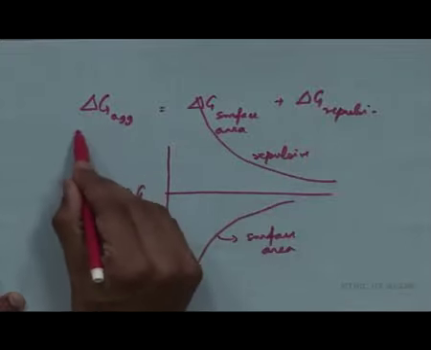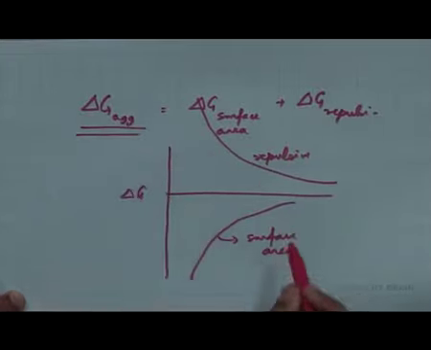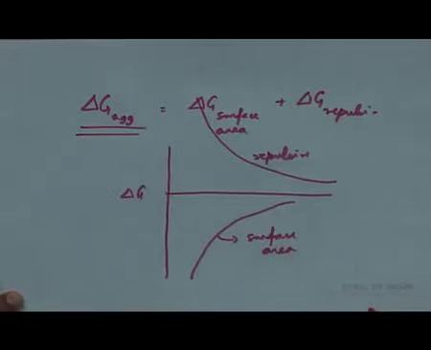And the aggregation Gibbs energy is going to be given by the sum of these two quantities.